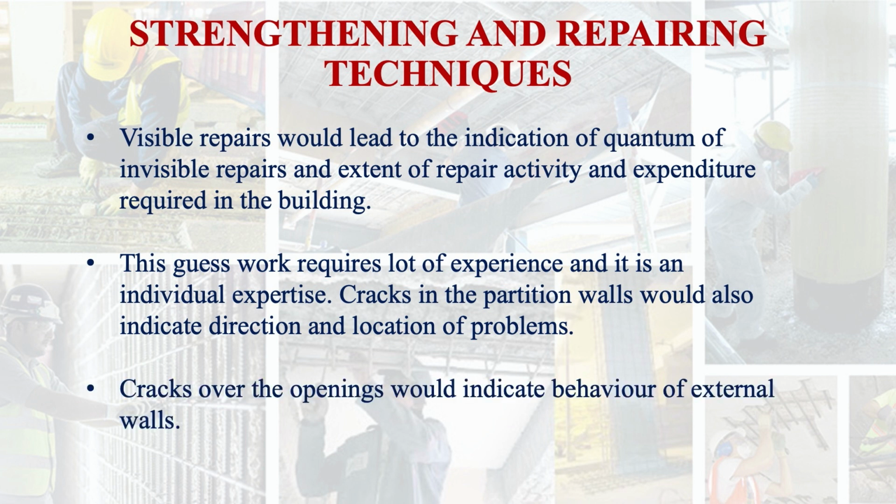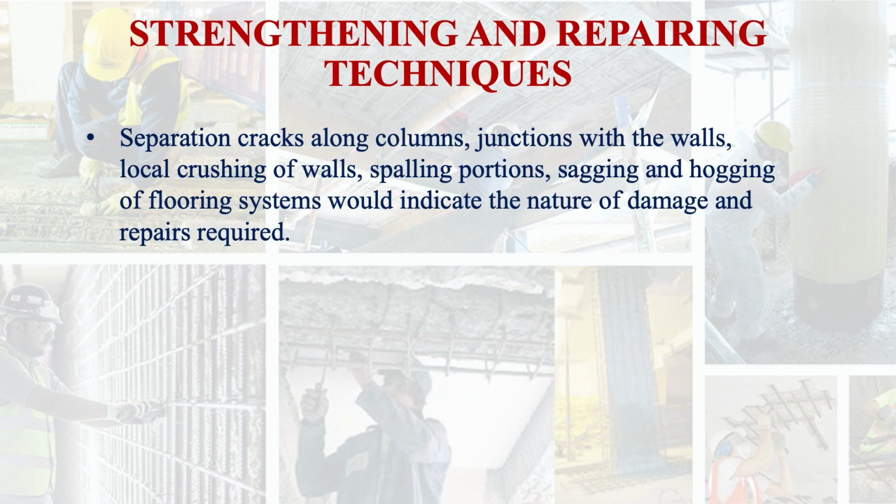Cracks over the openings would indicate behavior of the external walls. Separation cracks along columns, junctions with walls, local crushing of walls, spalling portions, sagging and hogging of flooring systems would indicate the nature of damage and repairs required there.